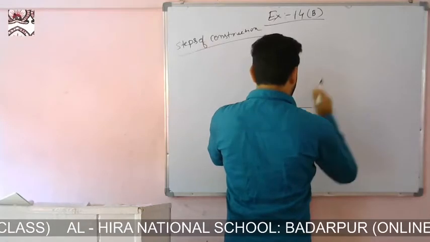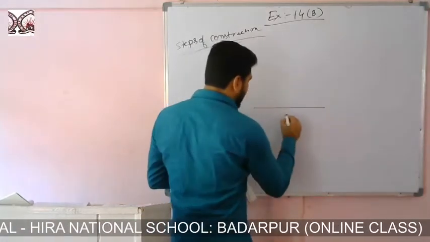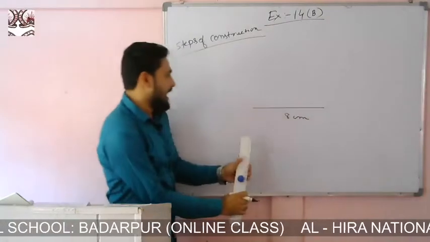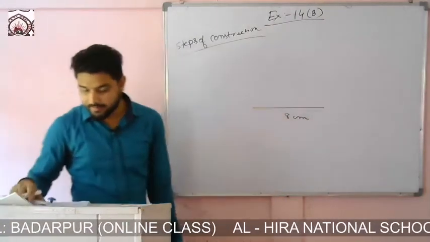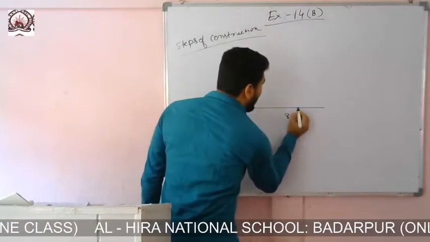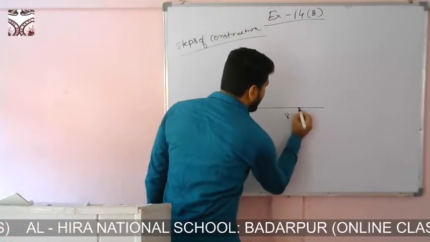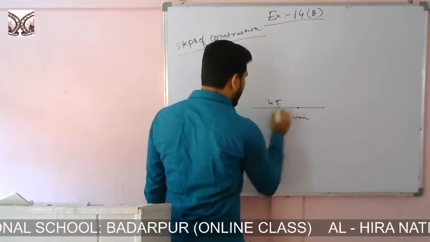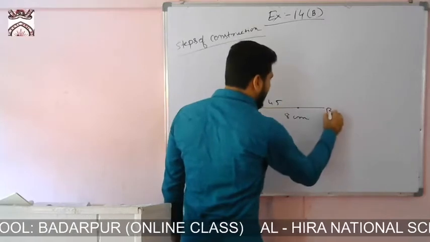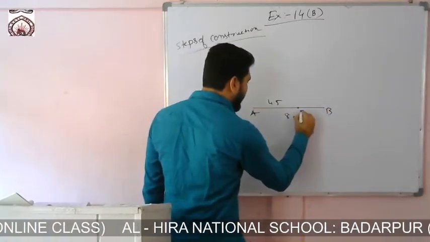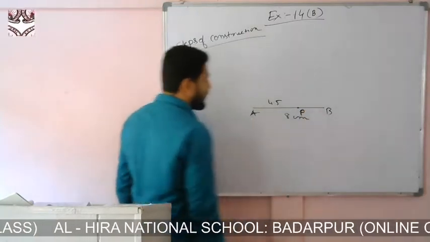Which is 8 centimeter. But you draw accurately, I have just taken it roughly. And suppose this point is 4.5. So AB we have taken 8 centimeter, and AP 4.5.